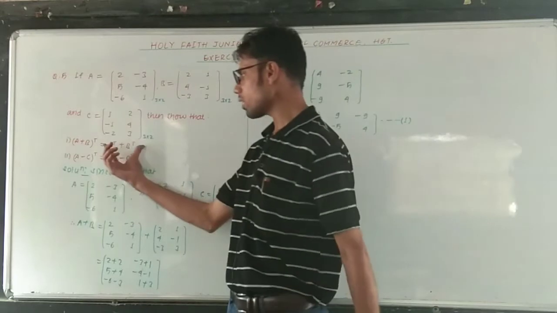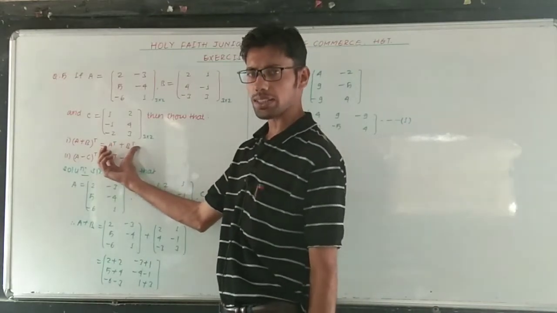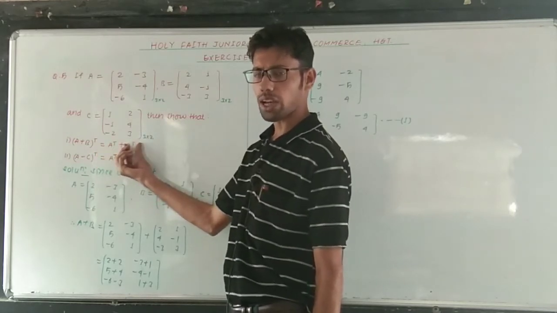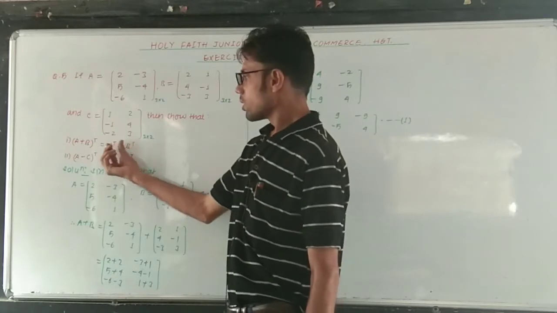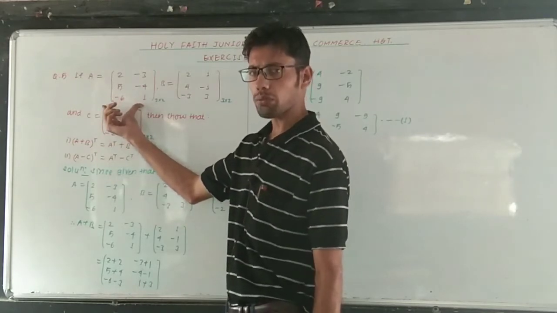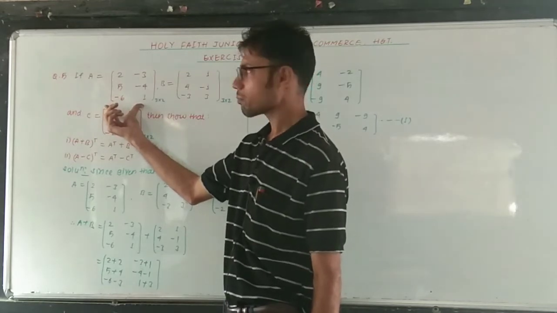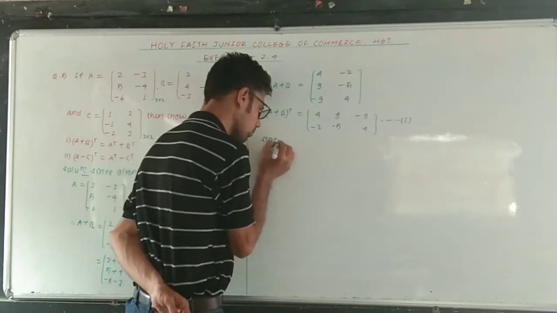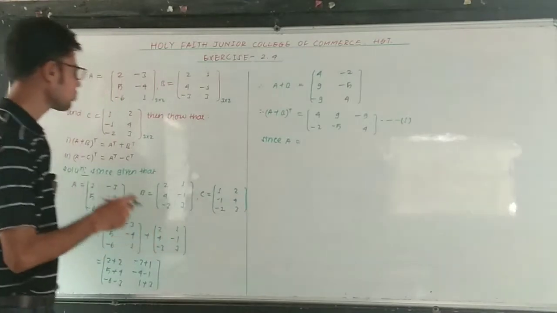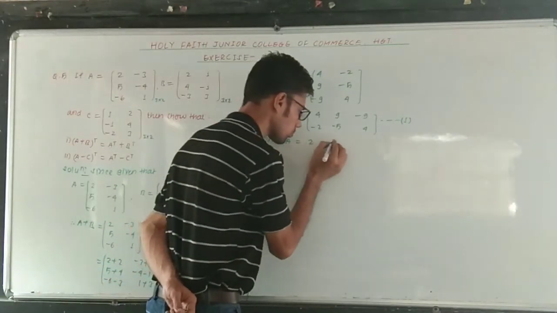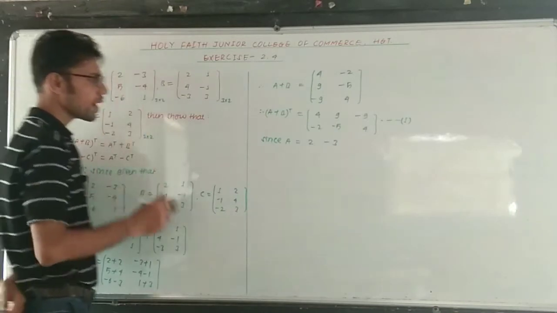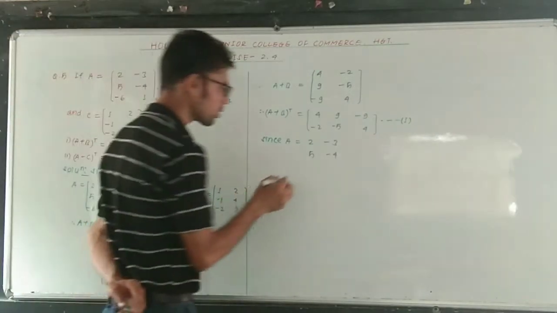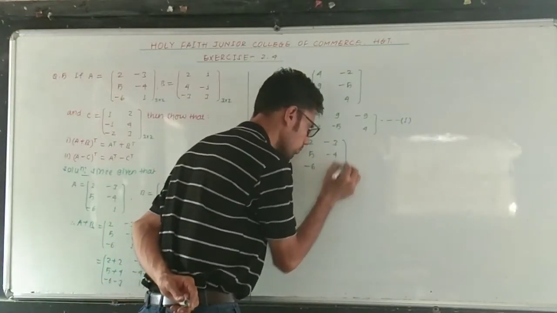Now we have to find out the value of RHS. For finding the value of RHS, first we have to find out the value of transpose of A, and after that the value of transpose of B. You have given the A matrix; from that A matrix we have to find out the transpose of A. Since capital A is equal to 2, minus 3, 5, minus 4, minus 6, 1.